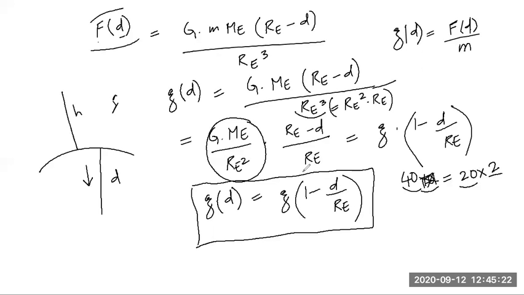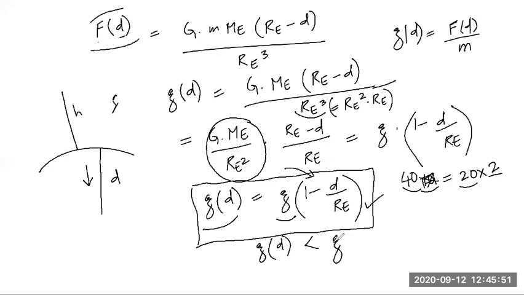This thing will always be less than 1. Less than 1 means, in order to make g equal to g d, we need to multiply g with a smaller number. So that simply says acceleration due to gravity at depth d is less than acceleration due to gravity at the surface. This is clearly telling you.